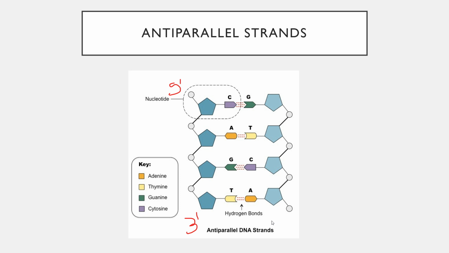So 5' and 3' must always be opposite to each other. On the opposite strand, this will be your 3' end, and because there's nothing on the carbon 3, there's no other nucleotide above. That leaves our opposite end as 5'. That's how 5' and 3', whether up and down or side to side, are always opposite. Again, we've got our phosphate group here with no nucleotide associated.